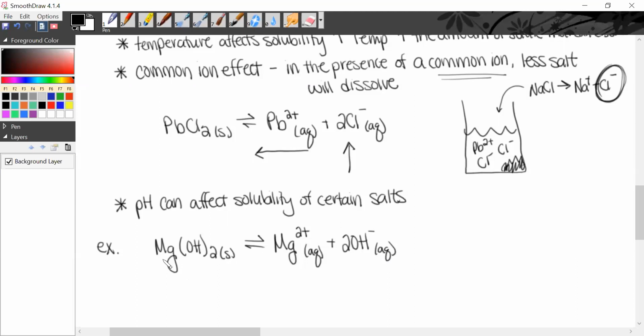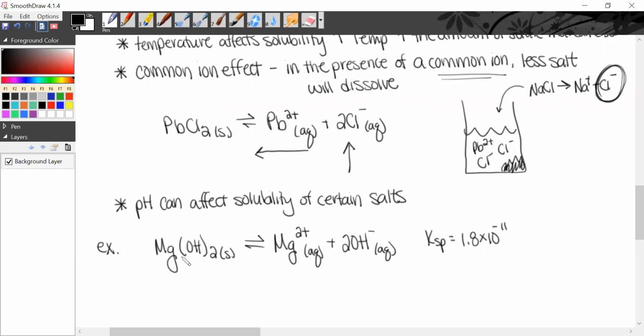If this is saturated, it's got the maximum amount of magnesium, maximum amount of hydroxide. It's happy. It's going back and forth at whatever its Ksp value is. What's the Ksp for this salt? I think it's pretty small. 1.8 times 10 to the negative 11th. So, not a ton of these ions.